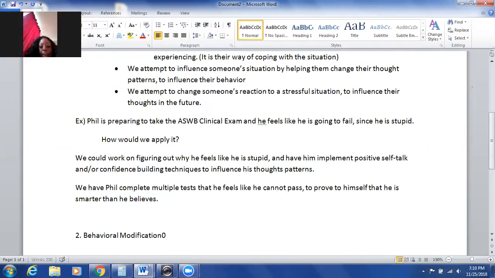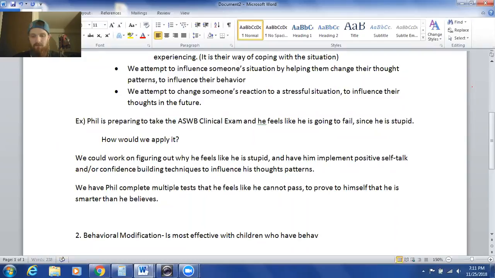So this is most effective with children who have behavioral issues at home or school, or with people who have depression, anxiety, and substance abuse.